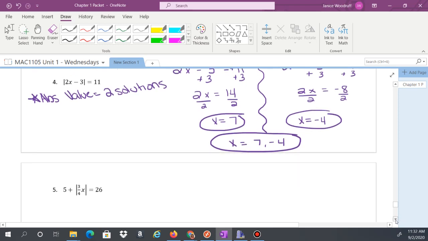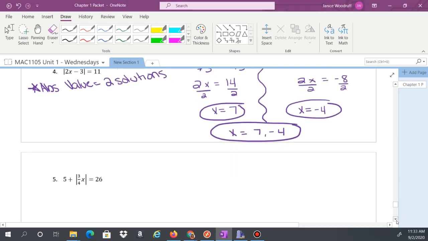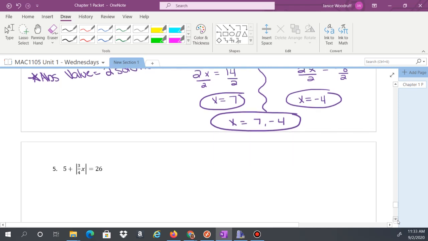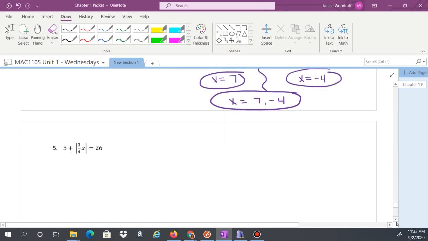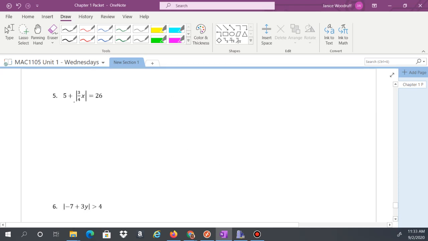All right, so number 5, we're doing the same thing. The absolute value is not isolated, so you want to do that first before you set up your two equations. So I'm going to take the 5 and subtract it first. That's going to give me 3/4 x absolute value equals 21. And you know what, I'm just going to make that 0.75. 0.75x equals positive 21. 0.75x equals negative 21.